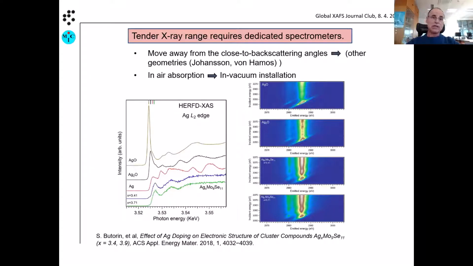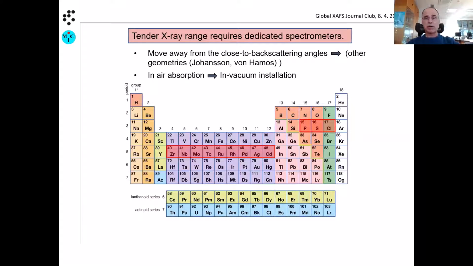So tender means there are no strict numbers, but it means that you need to work in such a way. You need to use a spectrometer which fulfills the criteria I have given before. We are pretty much aware, of course, that despite the fact it's a very narrow range, it is very important.